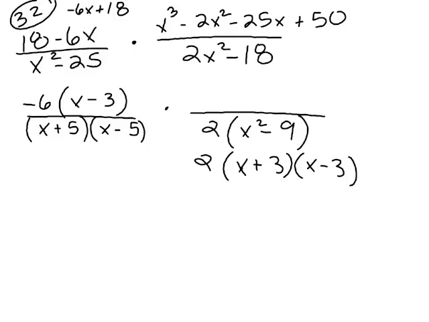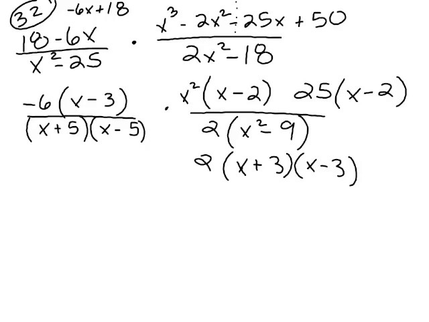Then on top, let's try to do the grouping again. So if I pull out an x squared, we'd have times x minus 2 in that first group. Then in the second group, pull out 25. I'm left with an x and a 2. To group them together, it needs to be the negative.